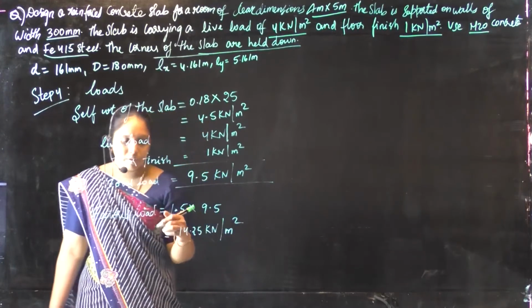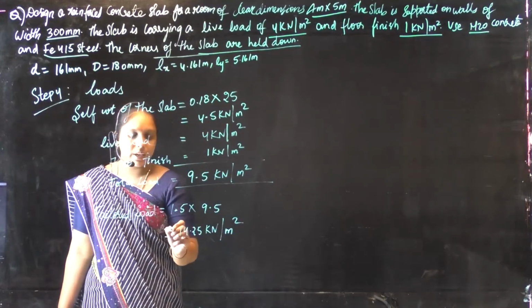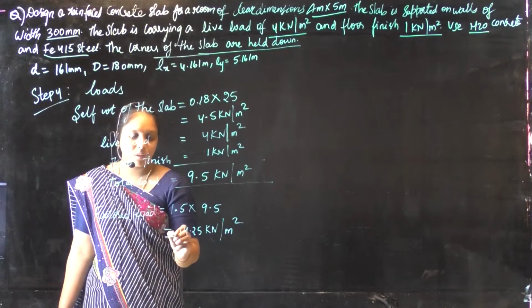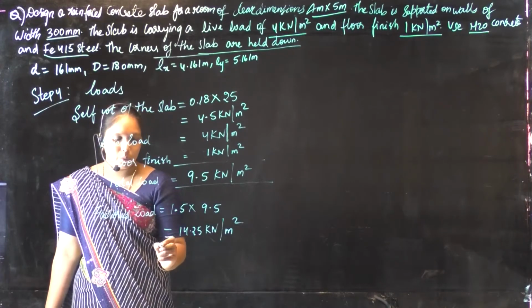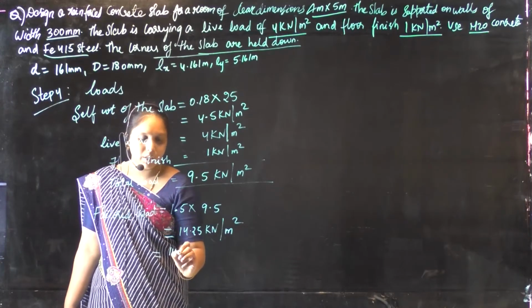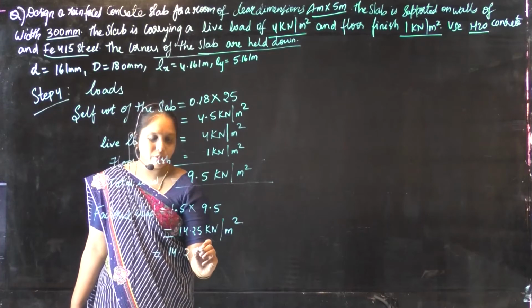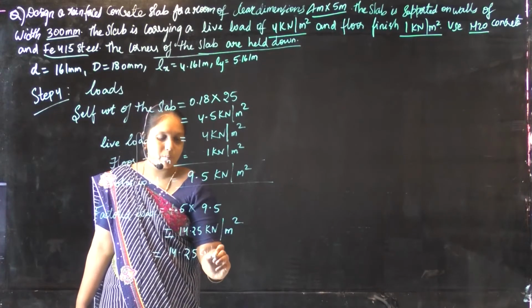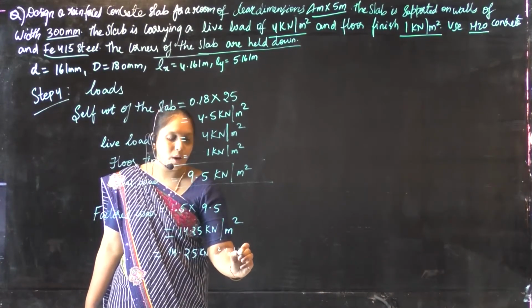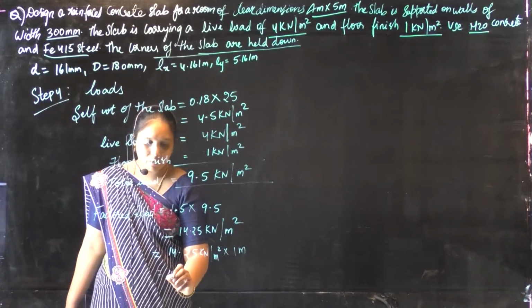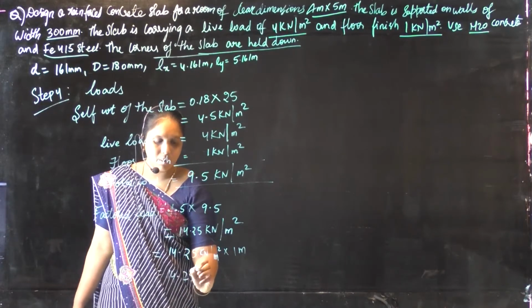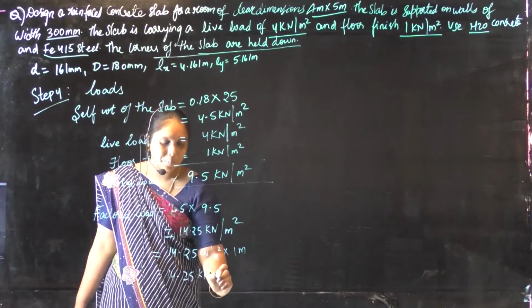But we are calculating for unit width, so it will become 14.25 kilonewton per meter square into 1 meter. So it will be 14.25 kilonewton per meter.